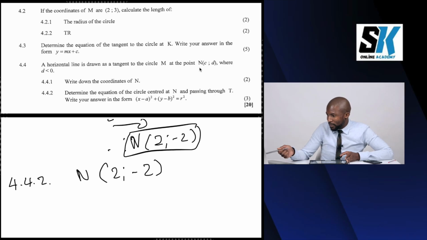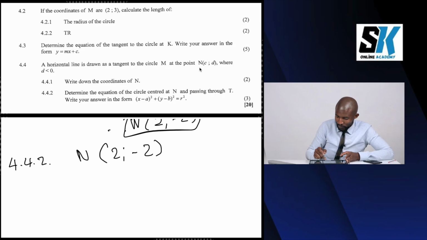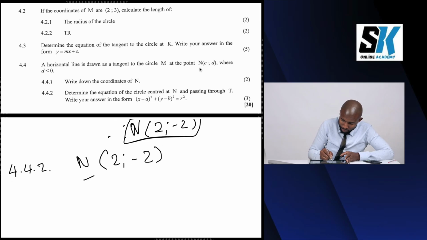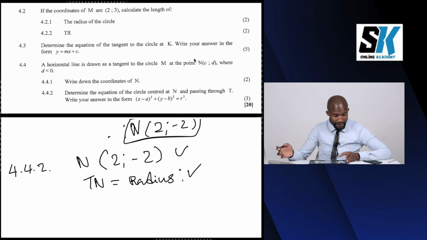Then they said it passes through T. So this is what you're going to do. Your new radius has to be Tn. So your new center is n, then your new radius is Tn.